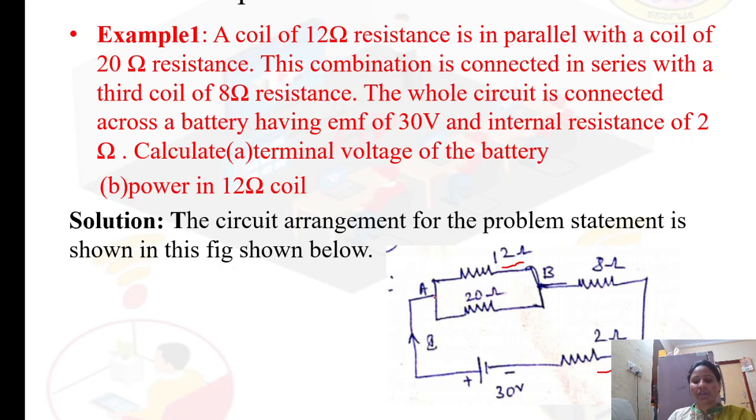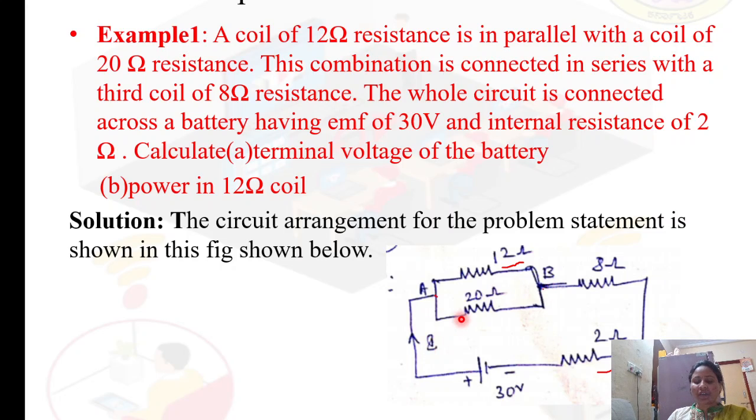So I have chosen the second approach, that is P is equal to V square by R. Here we know the resistance between the terminals A and B, which is already calculated. And let us simply find the voltage between point A and B.